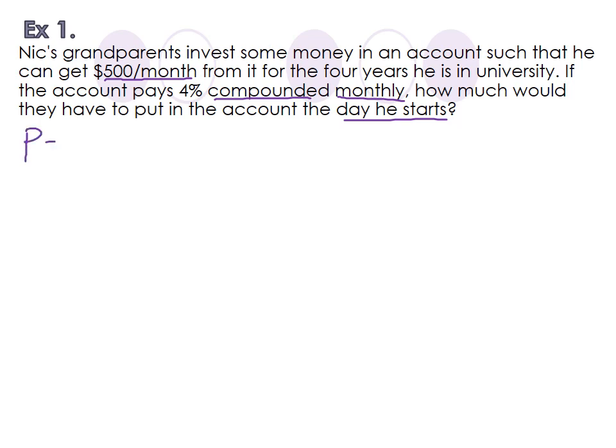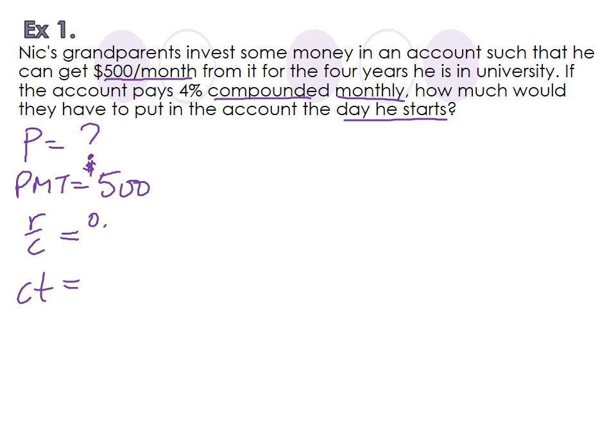We have our variables P, PMT, R over C, and CT. So it's asking how much do they have to put in the day he starts. That's your question mark. They want it so that Nick can withdraw $500 a month. So there's his payments.